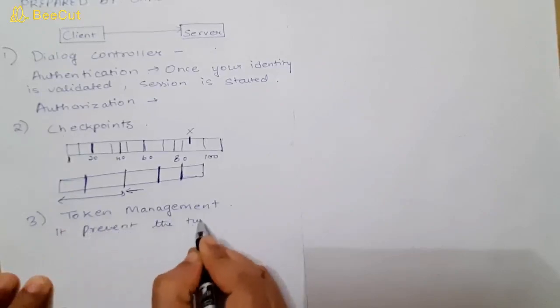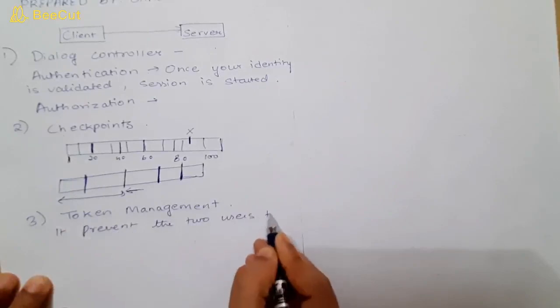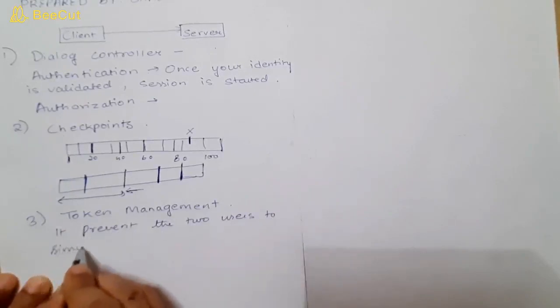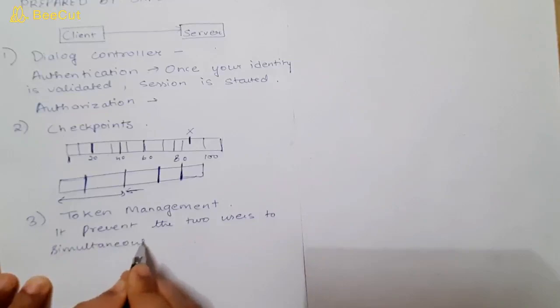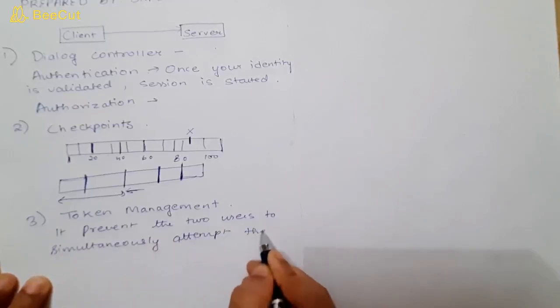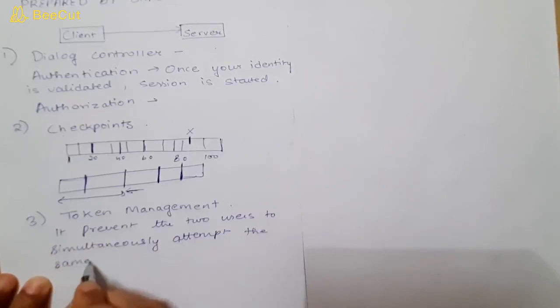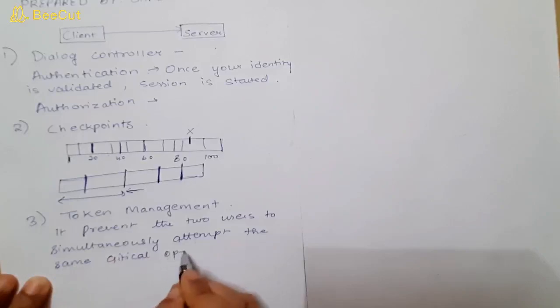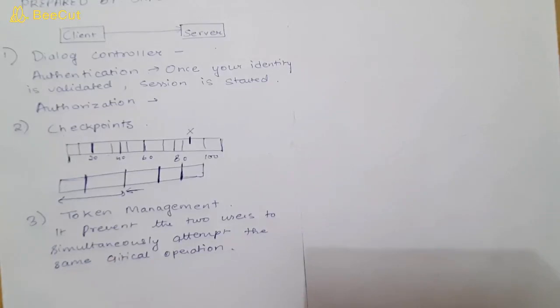So token management means that it will prevent two users from simultaneously attempting the same critical operation. Whenever you are using any bank's API, or performing any online transaction, token management is used.